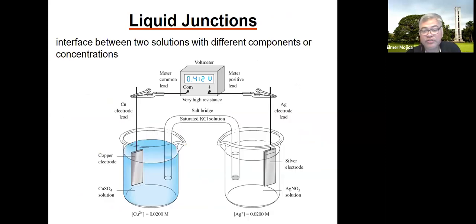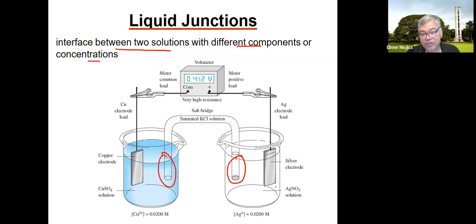Now, when we're talking about the liquid junctions, that's just the interface between two solutions with different components or concentration. Here, as I told you, the liquid junction is the one between this one and the one that is here, because you have two different solutions.